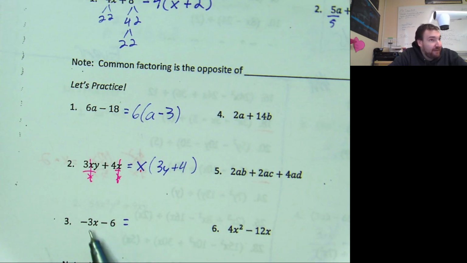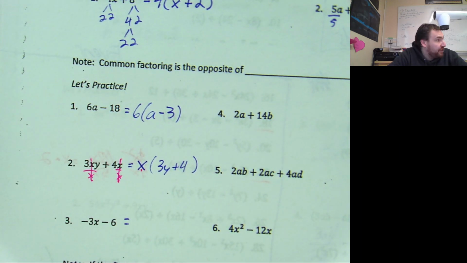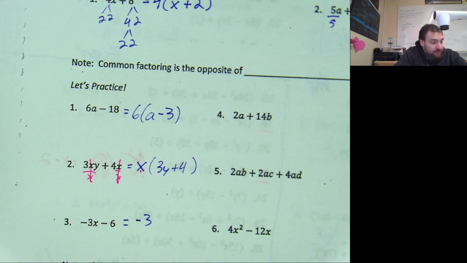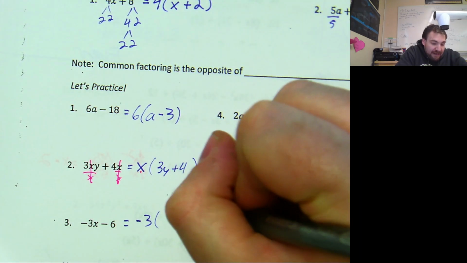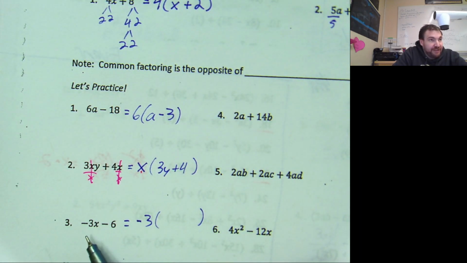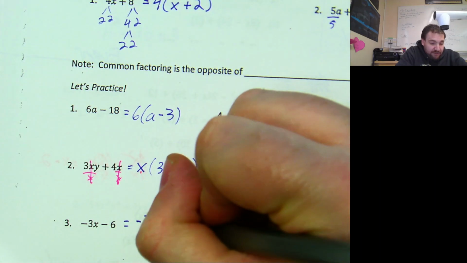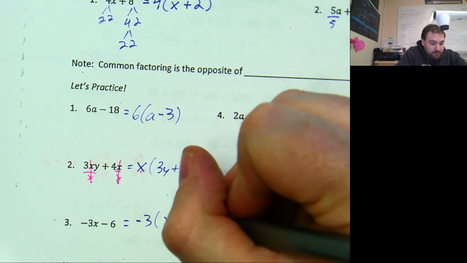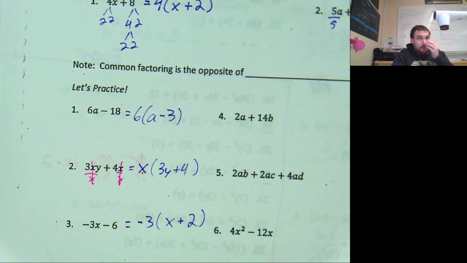Because they're both negative, I can actually include that negative as part of my GCF. So negative 3 is going to be my GCF. And then I'll be left with, so negative 3 divided by negative 3 is 1. So that's just going to be 1x. And then negative 6 divided by negative 3 is positive 2.